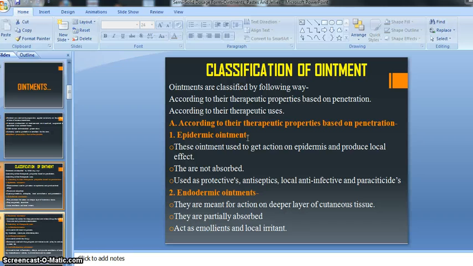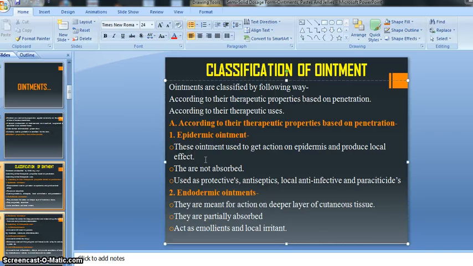So this is the first type according to their therapeutic properties based on penetration. So let's see epidermic ointment. These ointments are used to get an action on the epidermis and produce a local effect, right? The epidermic layer is the uppermost layer of the skin, the surface of our skin.